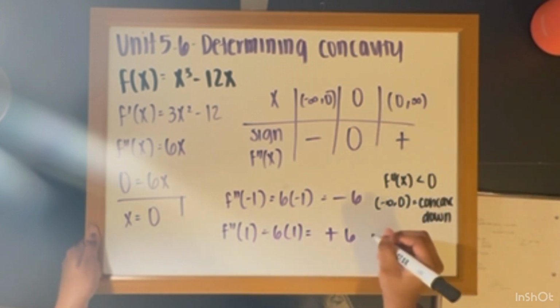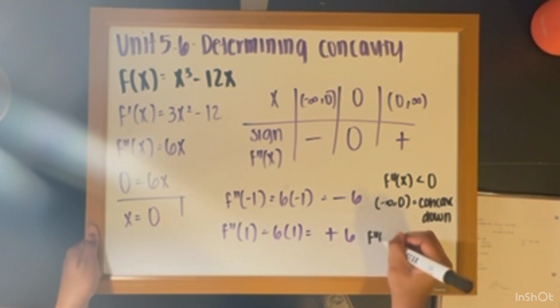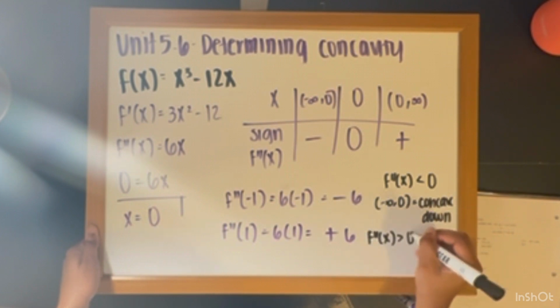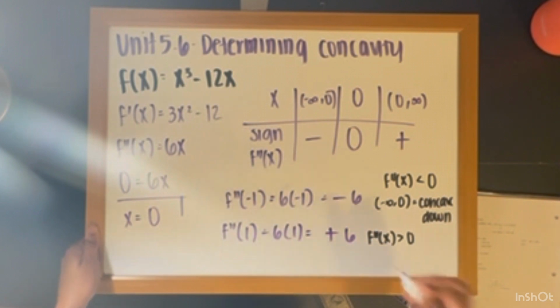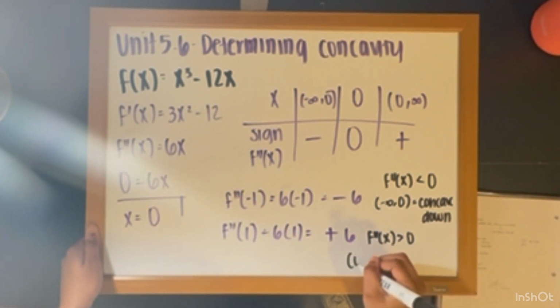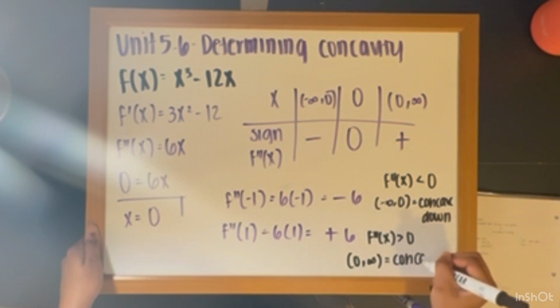And because we said that if the second derivative is greater than 0, then it is concave up, then our interval 0 to infinity would be concave up.